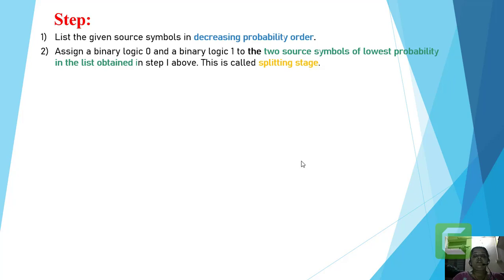This is said to be the splitting stage. This is true if m is 2, but if m is 3, we have to assign the digits -1, 0, 1, and we have to use the last 3 source symbols for this, after arranging the probabilities in decreasing order.